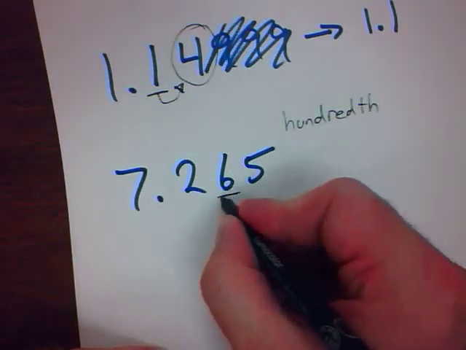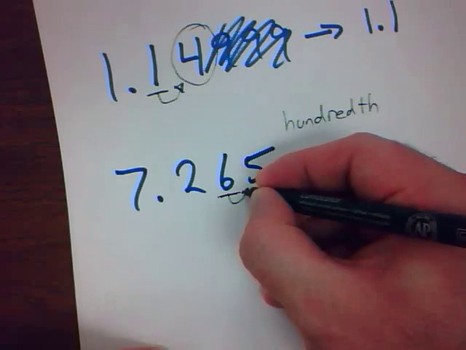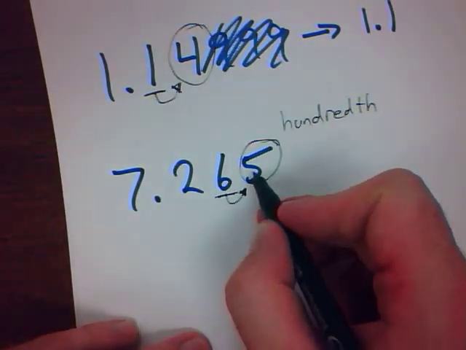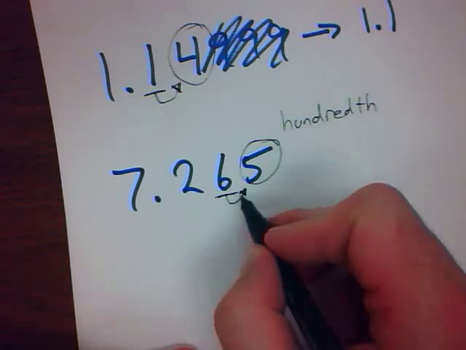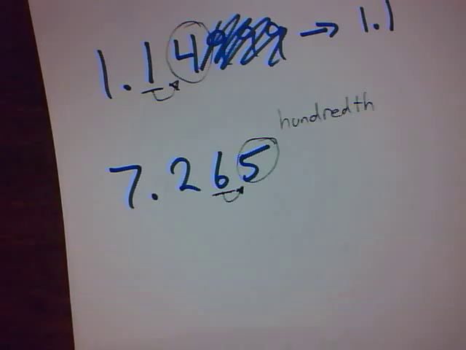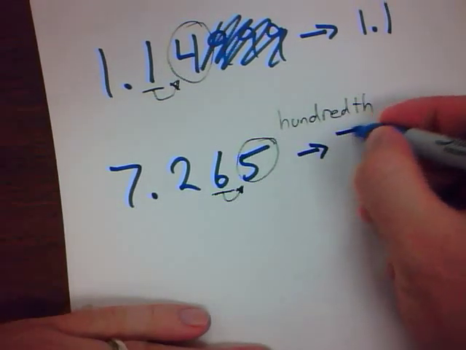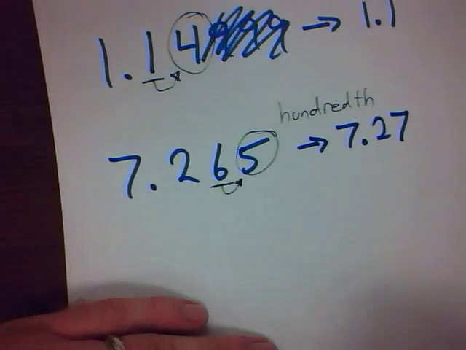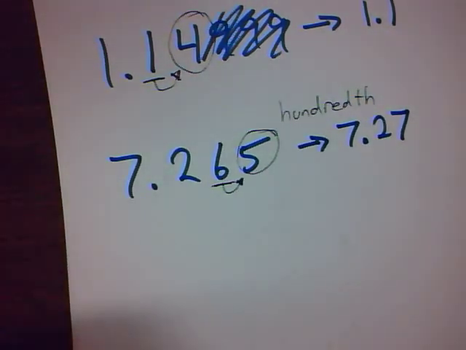This is the place value we're rounding to. Look to the right. I'm looking at this number. Is this closer to the 7 or closer to the 6? This is 5 or higher. Therefore, it is closer to the next number up. I'm going to round up. Hundredth.